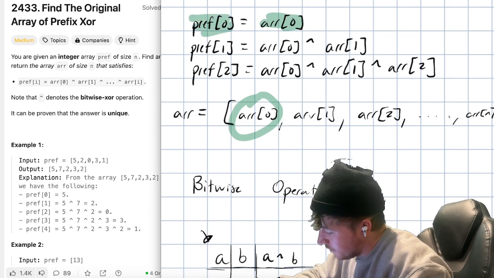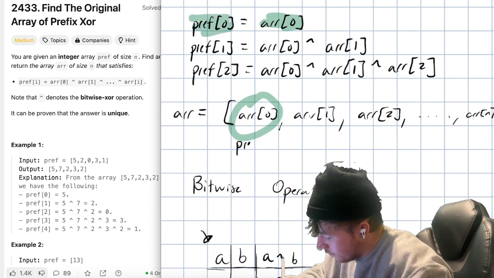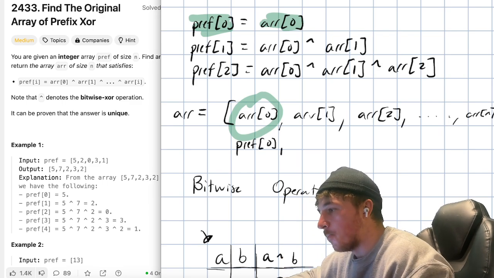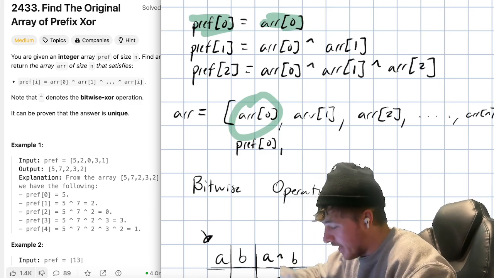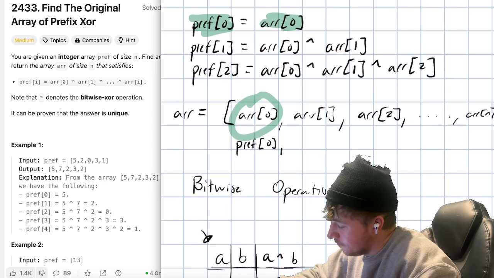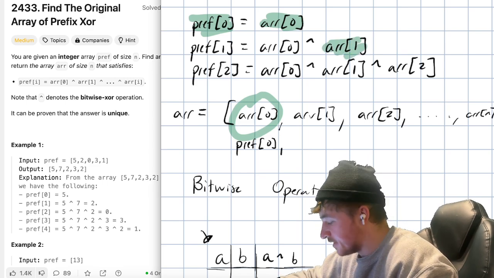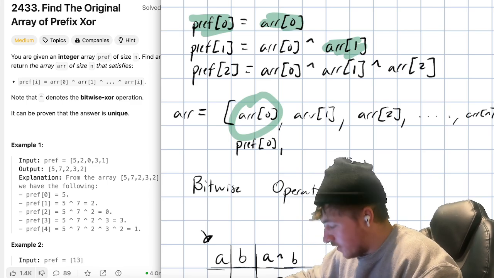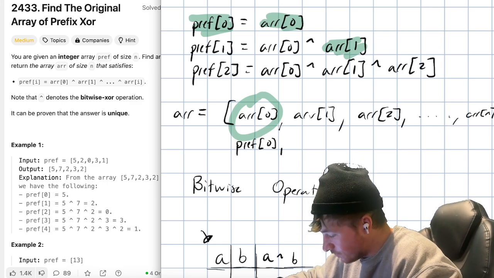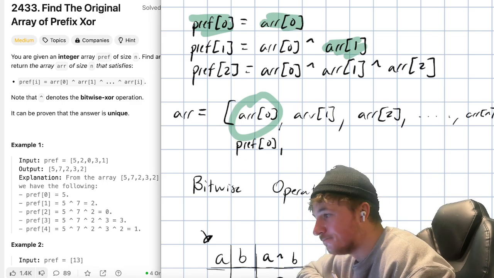So we can just put pref 0 here. Okay, what's array 1? Well, we have array 1 information here, but it's XOR'd with array 0, and we're given pref 1.